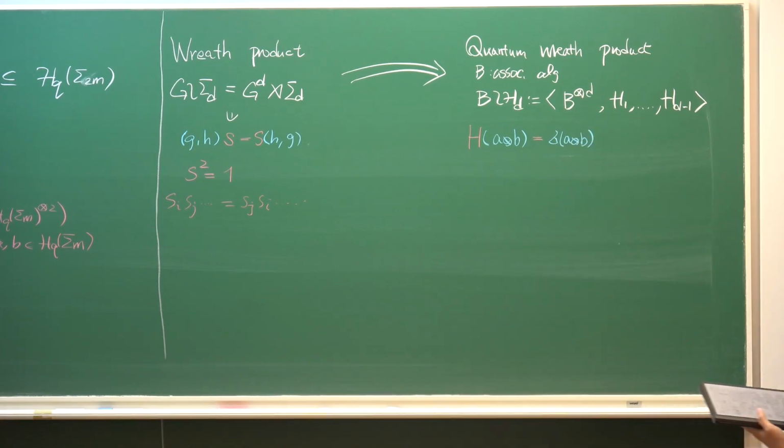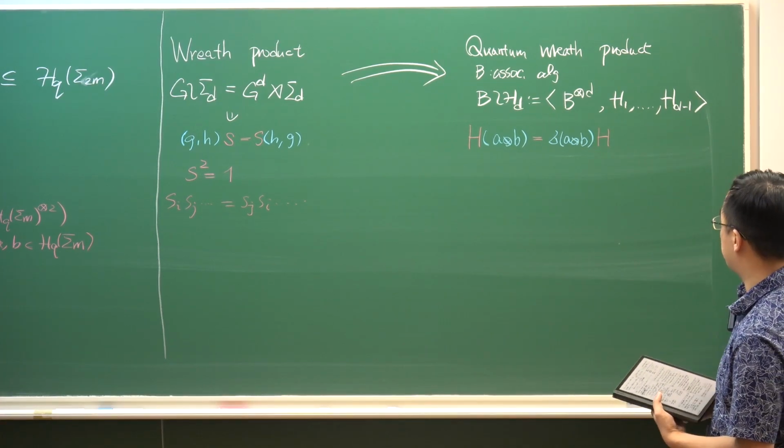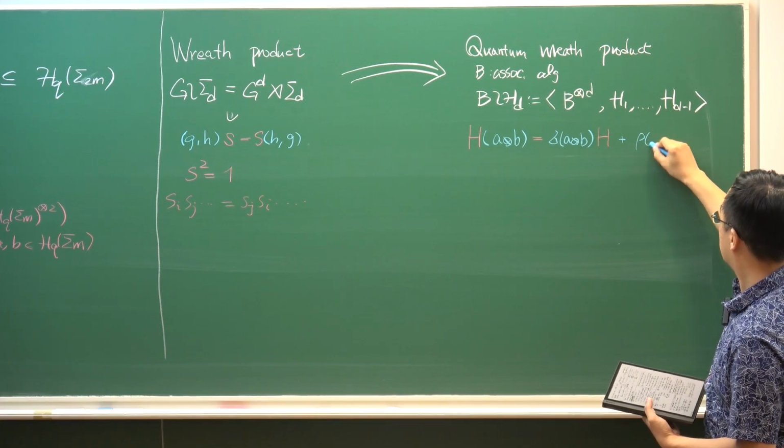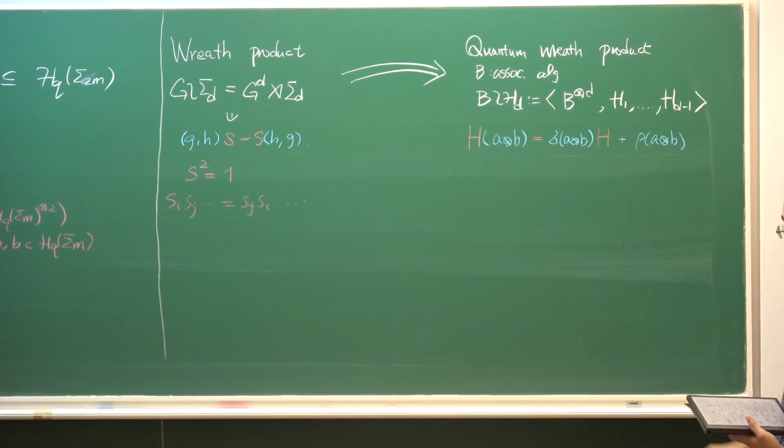This sigma is, in general, any endomorphism on B tensor 2, and then you have to have an error term rho. In the previous example, we have sigma being just the flip map, sending a tensor b to b tensor a, and rho is the zero map.